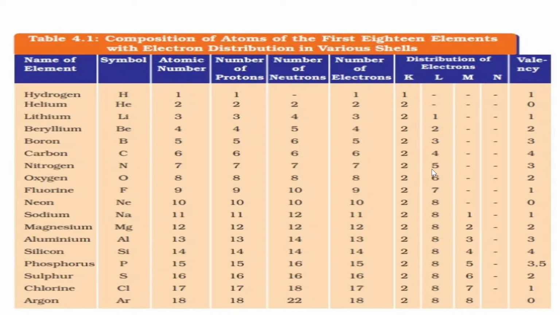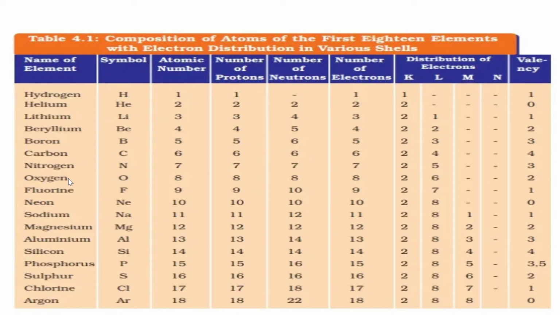Now since this is more than 4, valency will not be the number of electrons. You see from here 5, 6, 7, 8, whereas the valency is going on decreasing till 0, from 3 to 0. So for the elements which have more than 4 electrons in their outermost shell, valency will be 8 minus the number of electrons. So 8 minus 5 is 3. Therefore, the valency of nitrogen is 3.